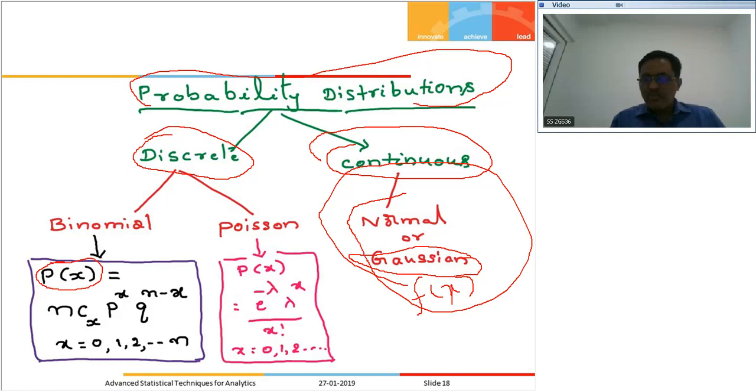If any random variable whose probability distribution function p of x is given as nCx p power x q power n minus x, then we call it binomial distribution. If p of x is defined as e power minus lambda, lambda power x by x factorial, then we say it follows Poisson distribution.